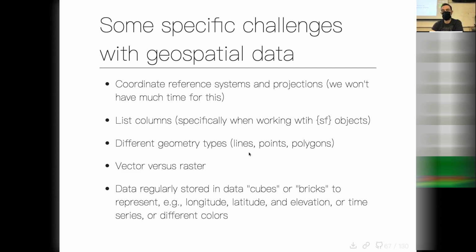Different geometry types can be challenging sometimes. So when you have lines versus points versus polygons versus multi-polygons, vector versus raster data, that's not that big of a deal usually. And then sort of this import and output of data. Generally with vector data, it's going to be pretty easy. Raster data, not so much. Raster data can very often be very, very large, and they're usually stored in these bricks of data.